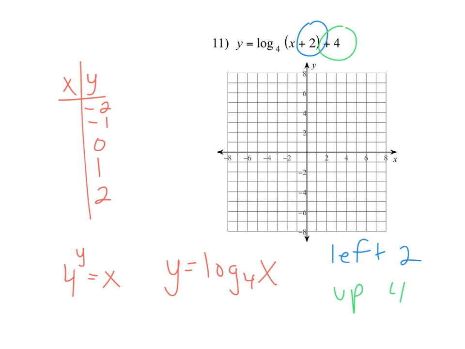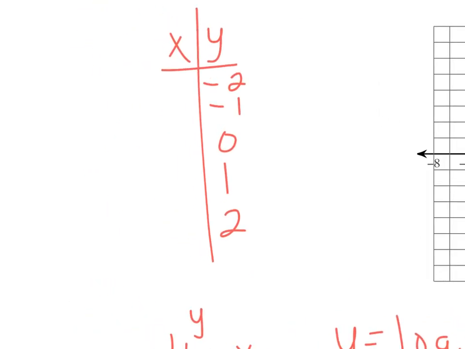And in my x column, I'm going to evaluate these functions. So 4 to the -2 is 1/16. 4 to the -1 is 1 over 4. 4 to the 0 is 1. 4 to the 1 is 4, and 4 to the second is 16.